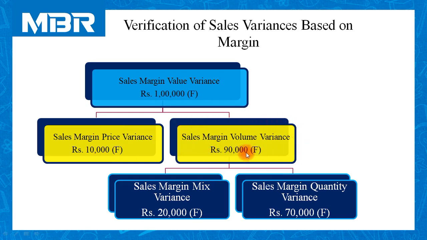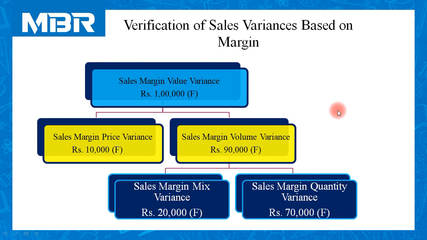Sales margin volume variance is again divided into 2 different parts: sales margin mix variance rupees 20,000 favorable and sales margin quantity variance rupees 70,000 favorable. So all 5 variances are settled in a proper manner.